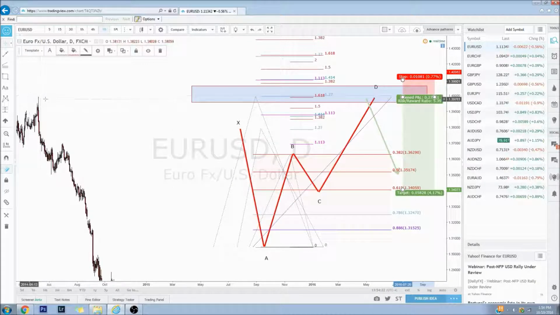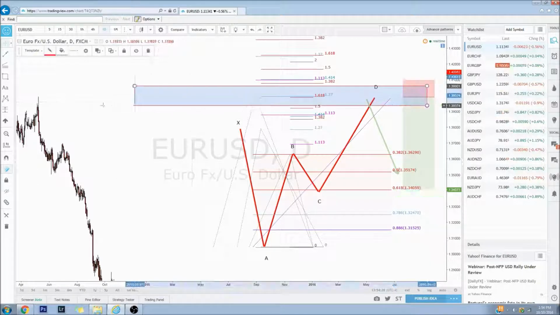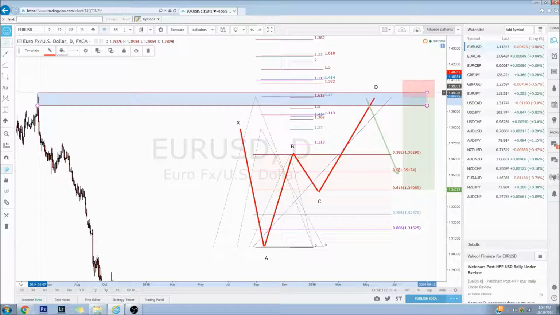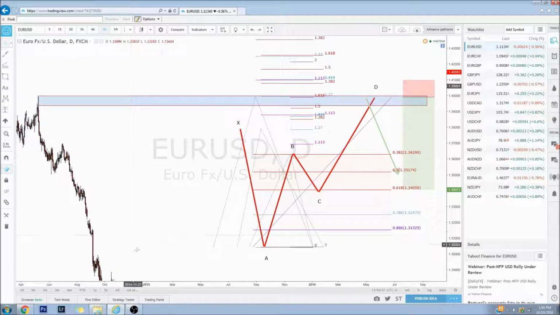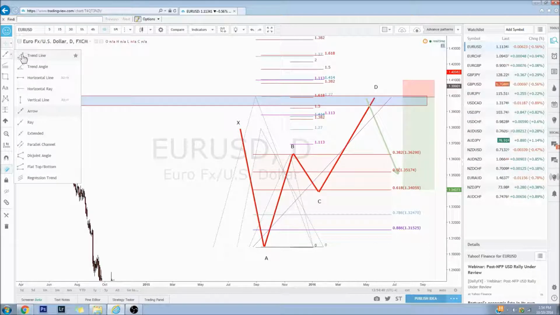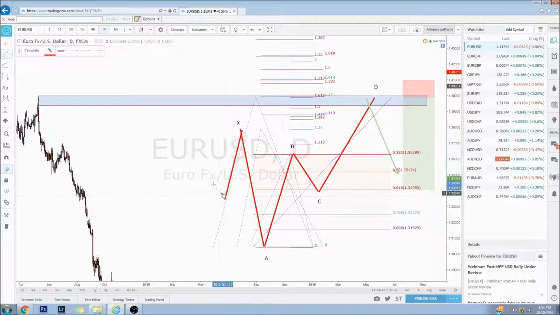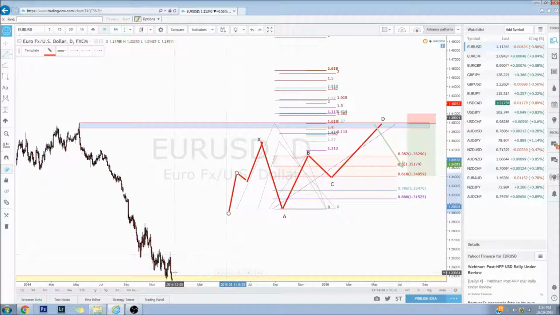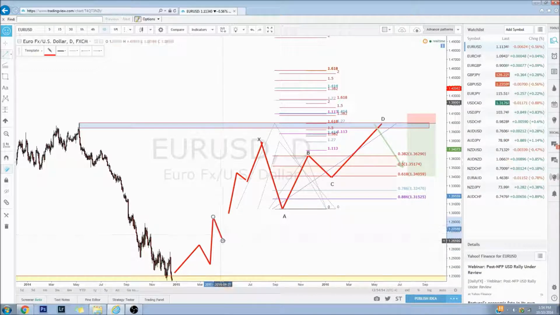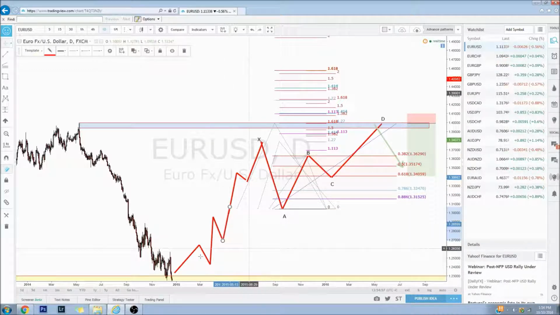But the key thing is to follow into previous structure on a higher time frame. So if we were coming into this area here and we see previous structure back here, and this was all coming up from here, and we saw this pattern coming up, and it hit the X, and we had this pattern forming here.